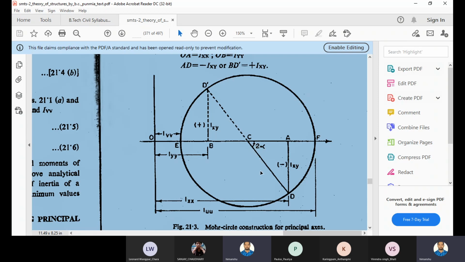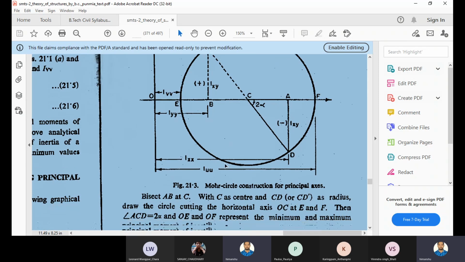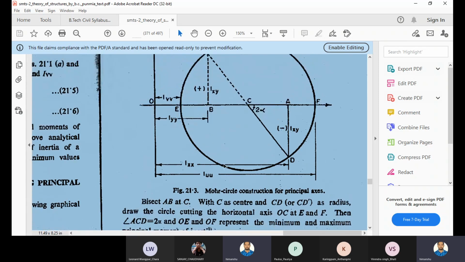Draw this, and wherever it coincides with the circle, put a perpendicular there. The length of that perpendicular equals, in the first case, Ixy, and in the second case, the other product of inertia value. The construction of this circle is very similar to the construction of the Mohr circle in principal axis theory. I hope this is clear to you all.